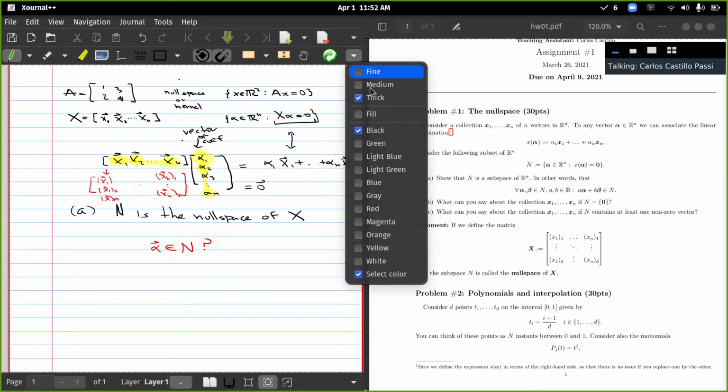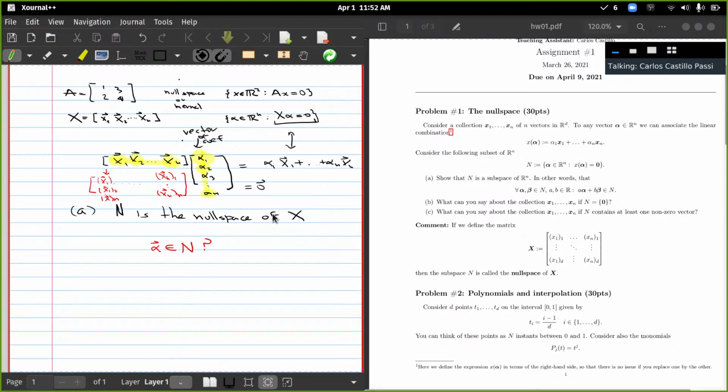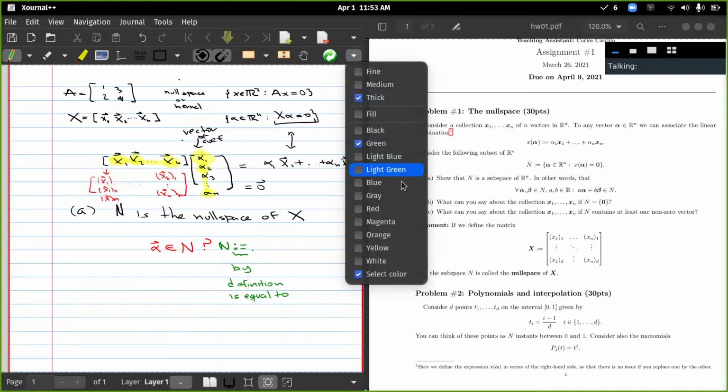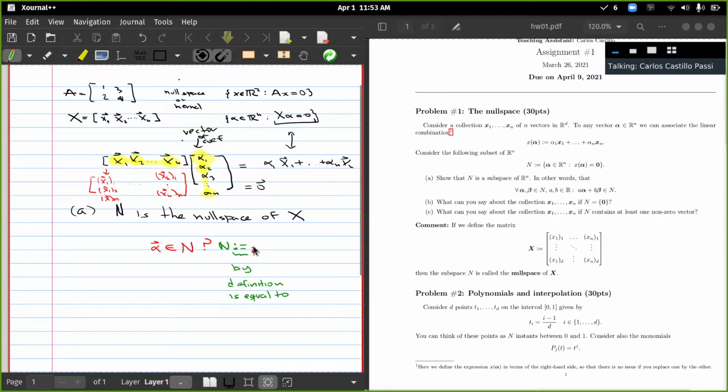We need to remember the definition of N, where this double dot equal means by definition, is equal to, these brackets mean that it is a set of elements.